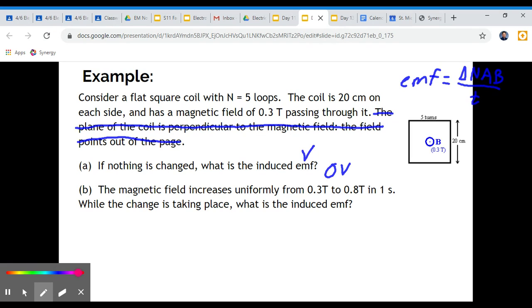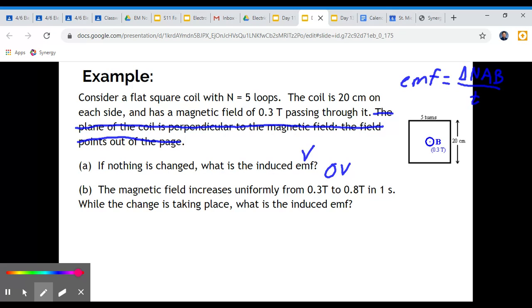Okay, B says the magnetic field now increases uniformly from 0.3 teslas to 0.8 teslas in 1 second. So now I'm increasing my magnetic field. So while this change is taking place, what is the induced electromotive force, or what is the voltage?